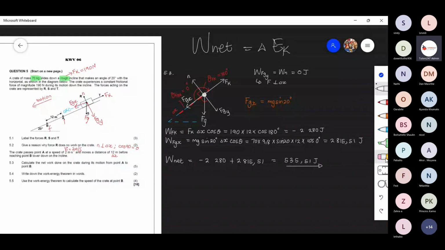Even if you don't include object, if you just say the net work equals the change in kinetic energy, you'll still get your marks.